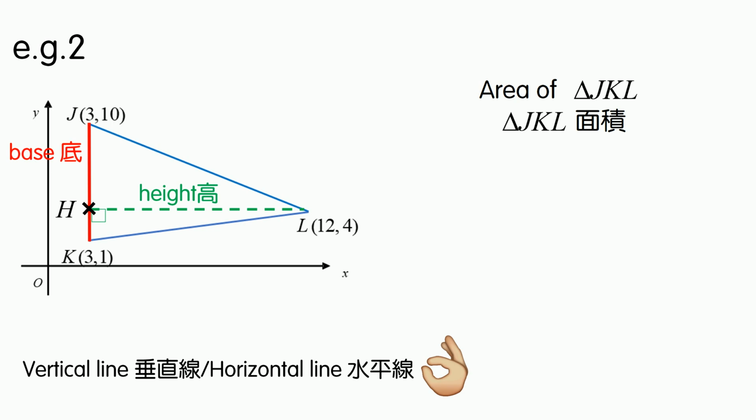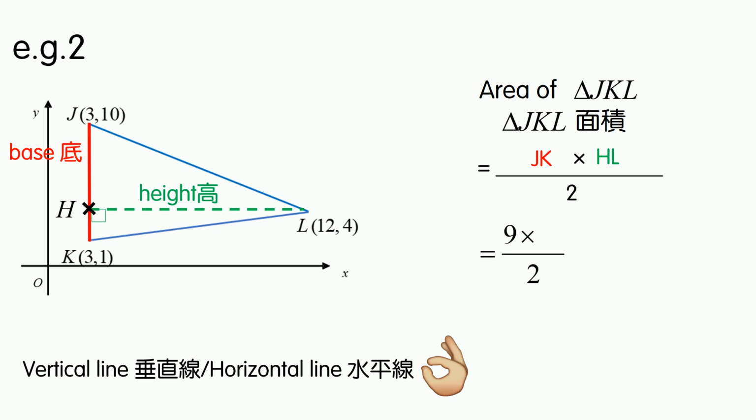So the area of JKL is the base JK times the height HL. Now we need to fill in the data. It is easy to find the distance of JK because we simply need to use 10 minus 1, which is 9 units.